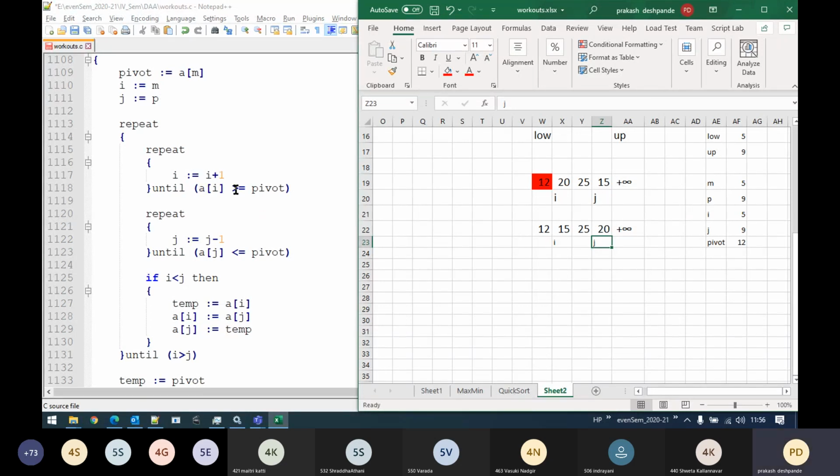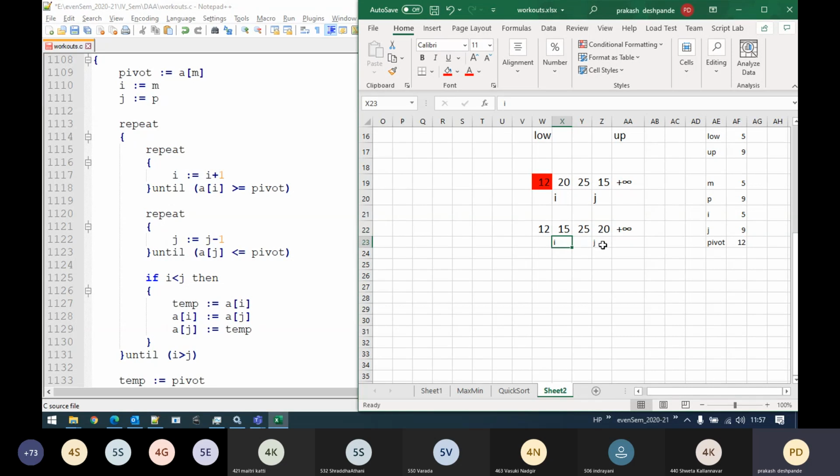Is a of i greater than pivot? Is 15 greater than 12? Yes, sir. So should i be incremented or not? No, sir. I will not increment, because the position where it is, the element itself is greater than the pivot.